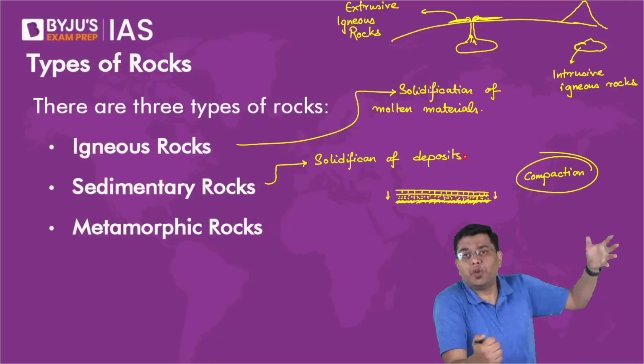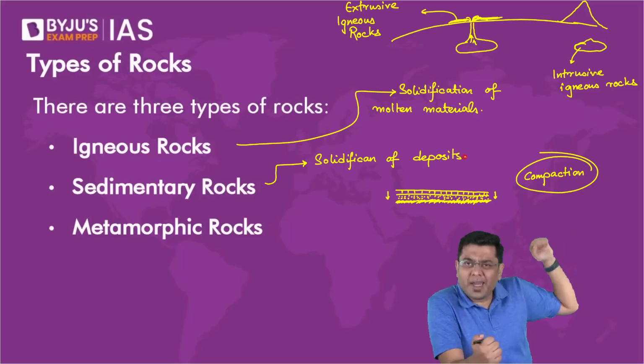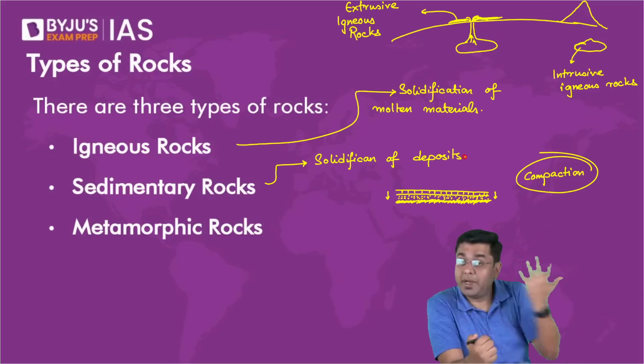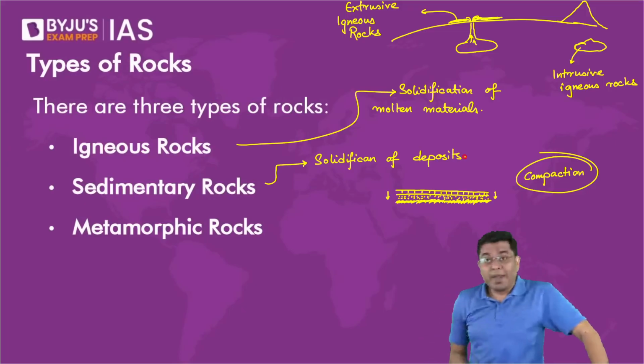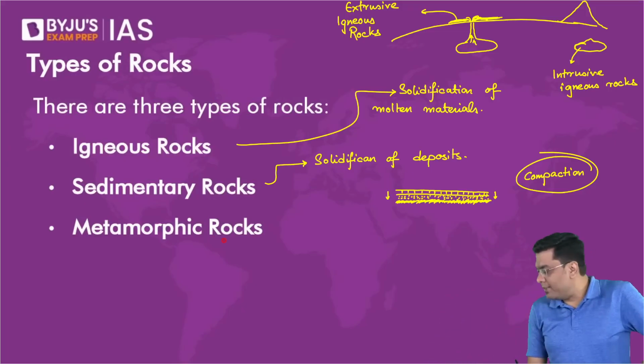If you look at limestone, it is a very dull looking grayish colored stone. But when you take a look at marble, it is something completely different, isn't it? So that is where metamorphic rock basically comes in.